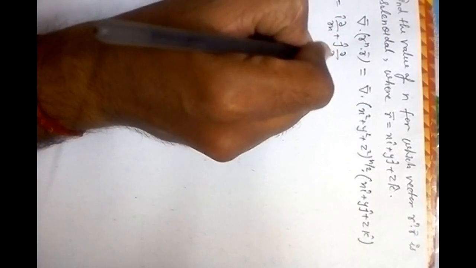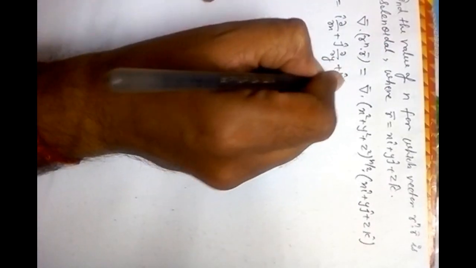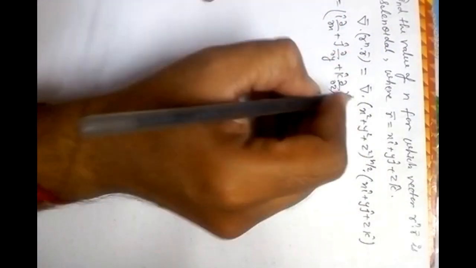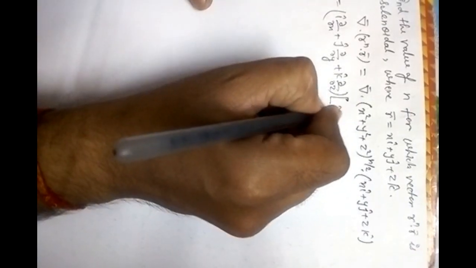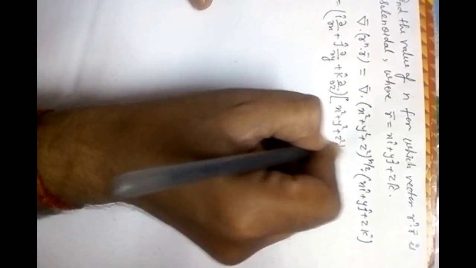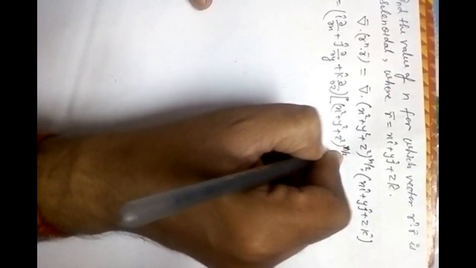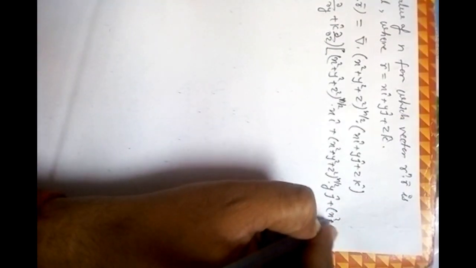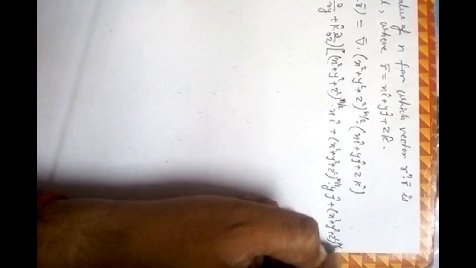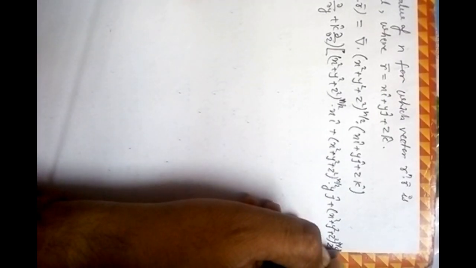Del means i ∂/∂x + j ∂/∂y + k ∂/∂z, and this means (x² + y² + z²)^(n/2) into xi, plus (x² + y² + z²)^(n/2) into yj, plus (x² + y² + z²)^(n/2) into zk.